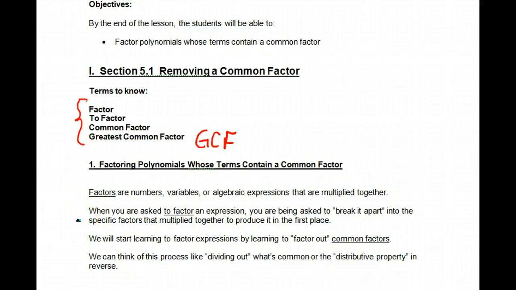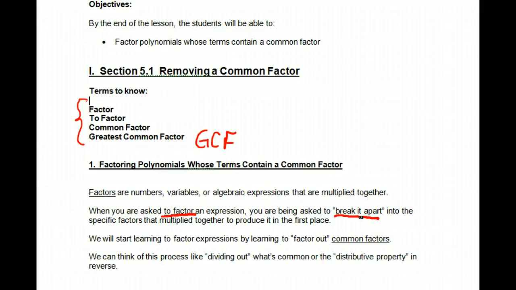When you are asked to factor an expression, what you're being asked to do is break that expression apart into the specific factors that have been multiplied together in order to produce that expression in the first place.